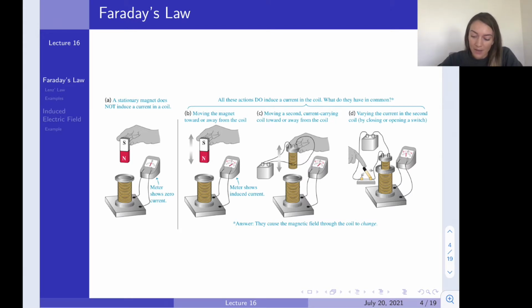And likewise, if I insert this little solenoid into the larger solenoid and leave it there, but then vary the current moving through the little solenoid, that will also induce a current in the larger solenoid, because it's changing the magnetic field through it. And we're going to see how this all works today.